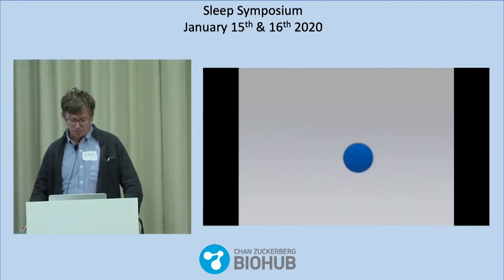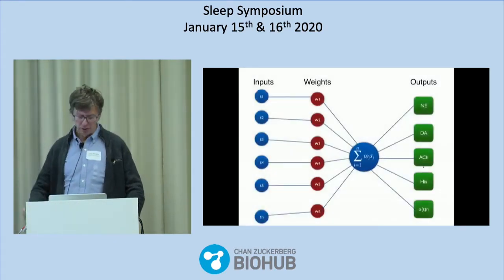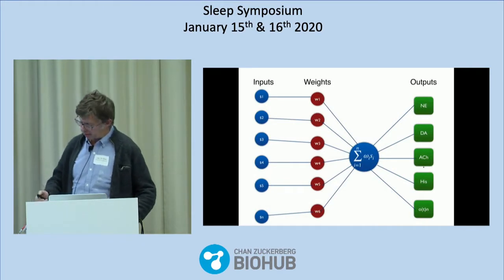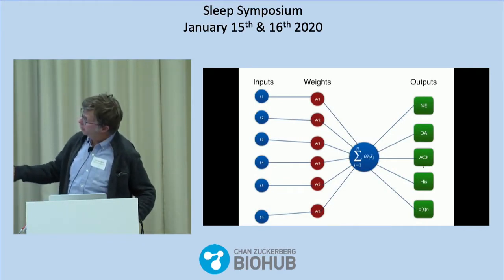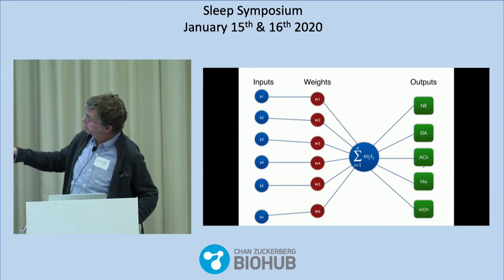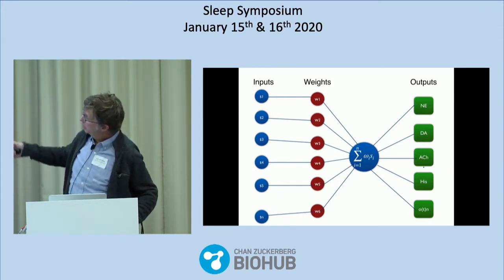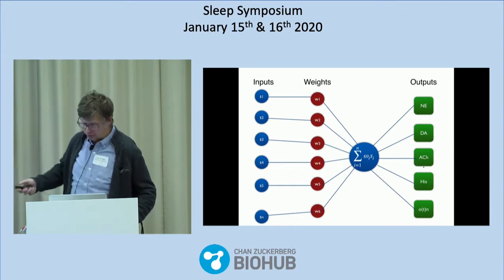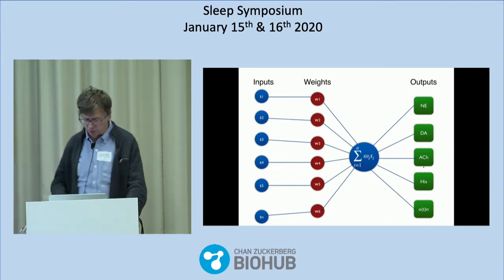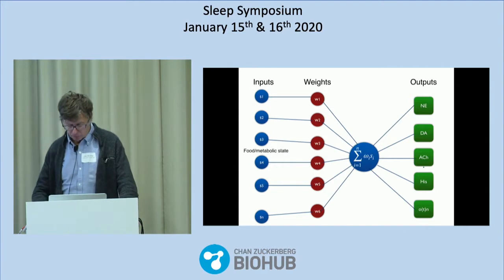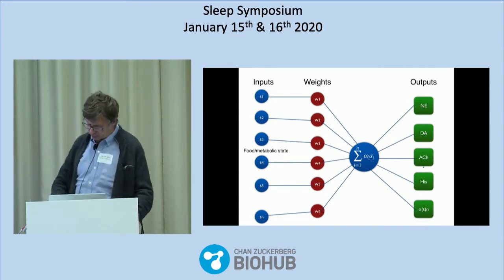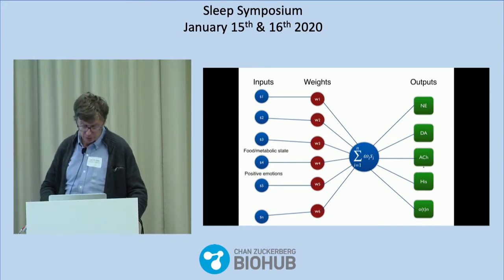So a sleep perceptron would look something like this, where we have multiple inputs assigned different weights, integrated into this function, and those are the outputs. The outputs are the arousal monoaminergic nuclei. And what's the nature of these inputs? The nature of these inputs is very broad.